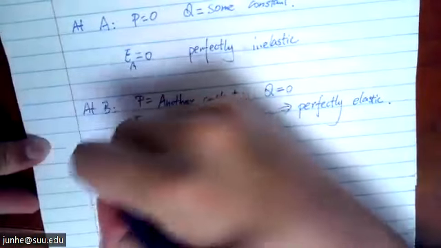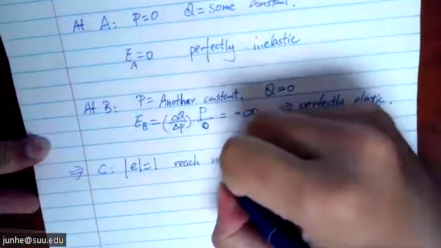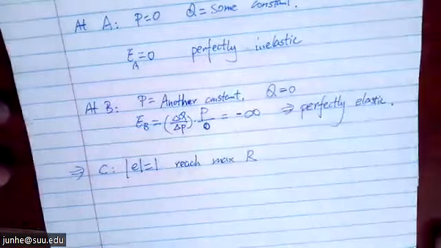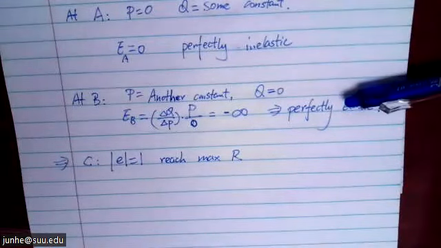So let's use this conclusion. At C, where elasticity equals 1, we reach maximized revenue.